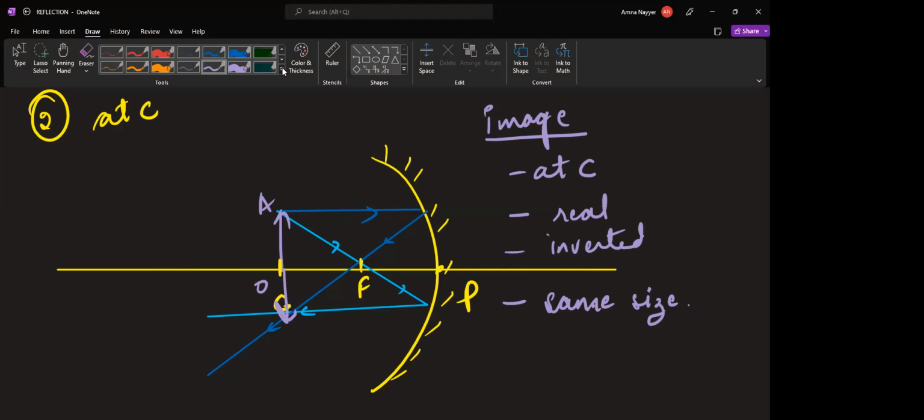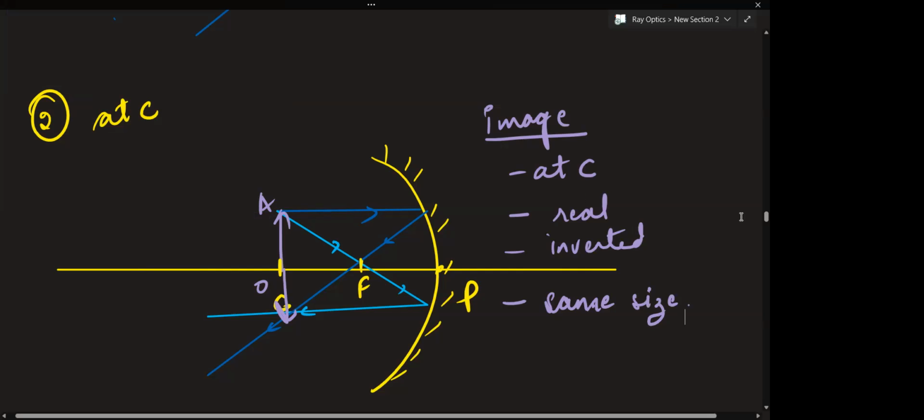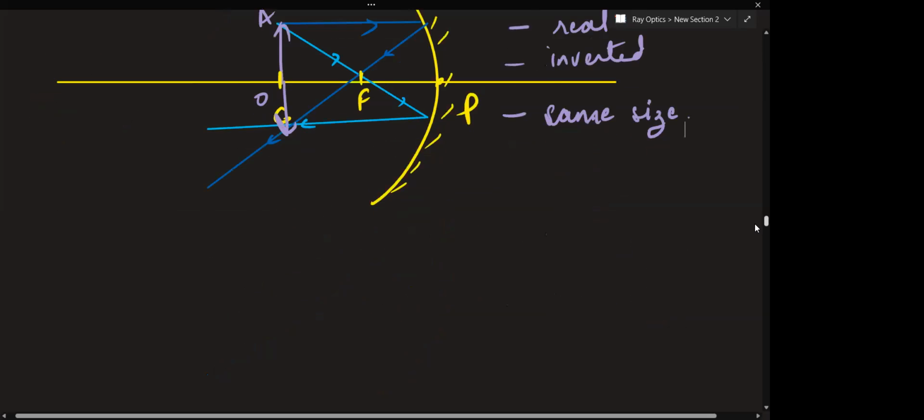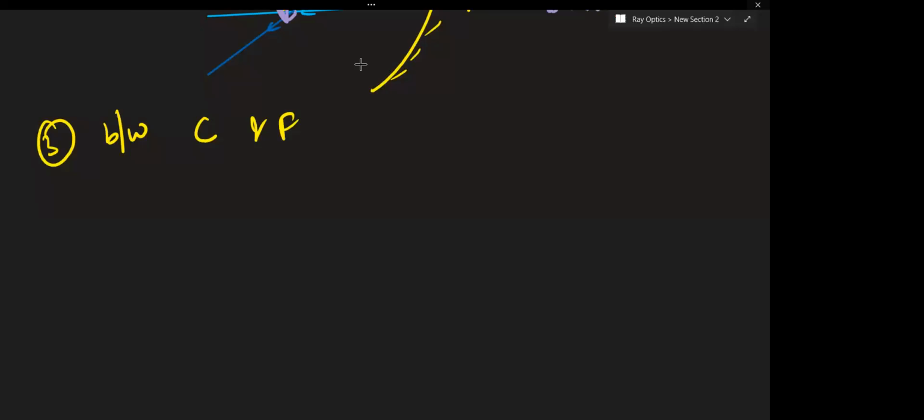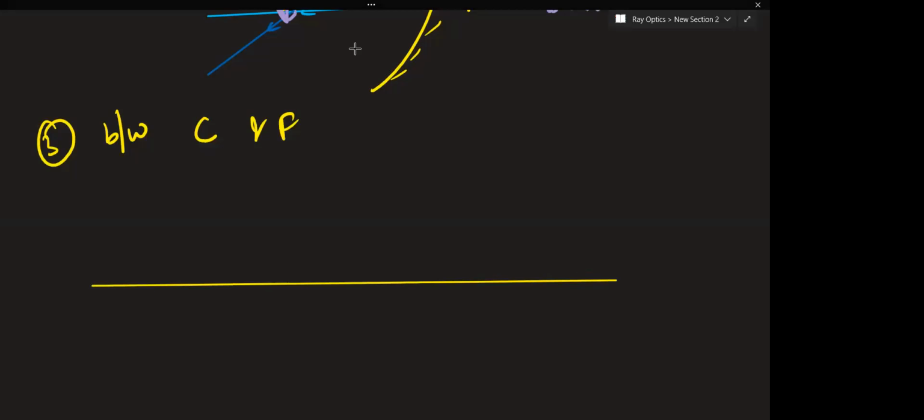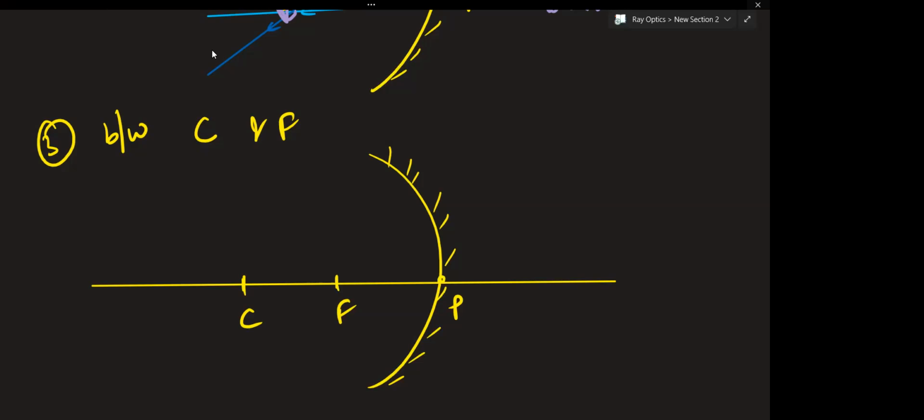In any case, if you're not able to understand why or how the ray diagram has been drawn, at any point, just stop me there. I'll repeat the point. This is the third one, between C and F. This is pole, focus, center of curvature.